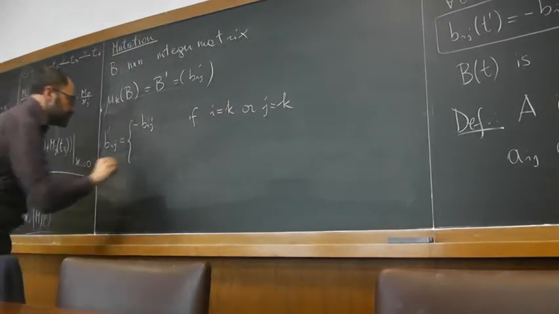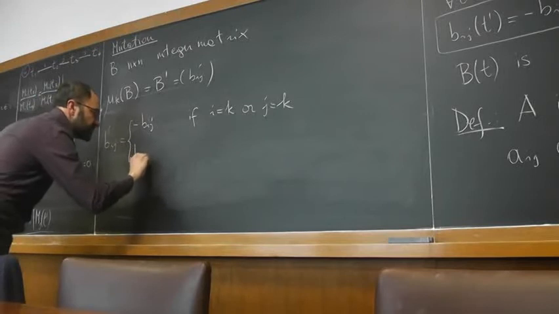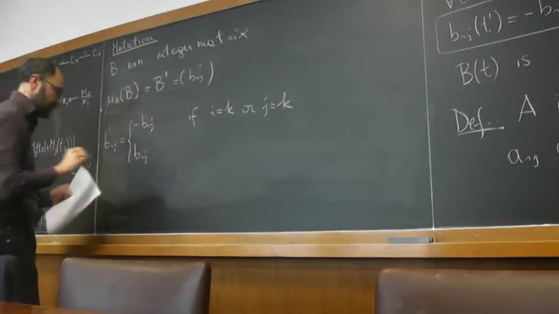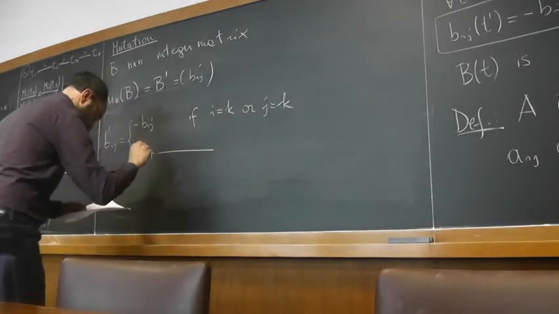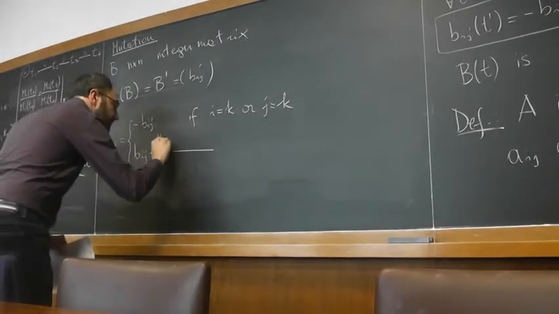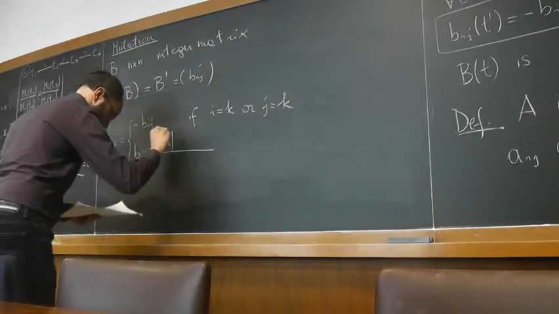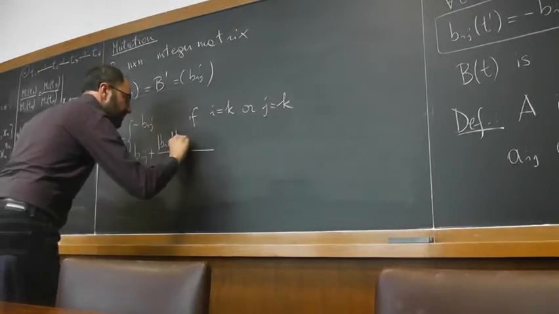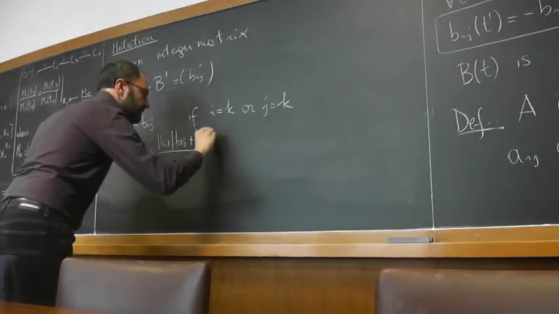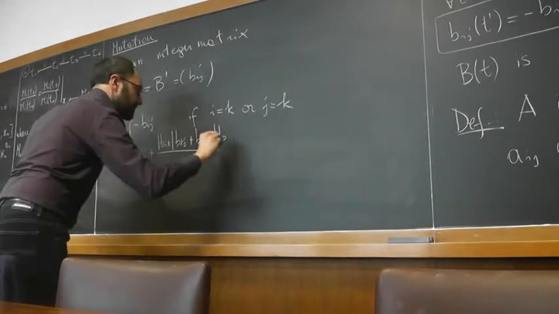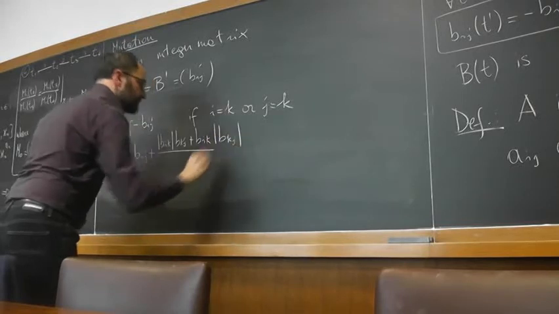Otherwise, we have this expression: Bij plus the absolute value of Bik times Bkj, plus Bik times the absolute value of Bkj.